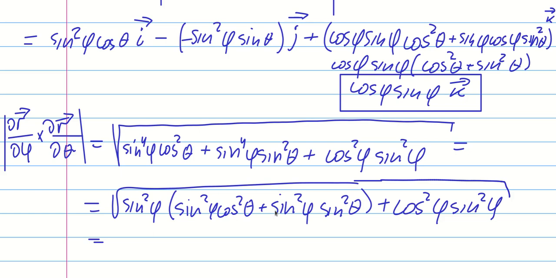Alright, so over here we can again factor sine squared of phi. So we're going to get sine squared of phi, another sine squared of phi, and then cosine squared of theta plus sine squared of theta will give us 1.